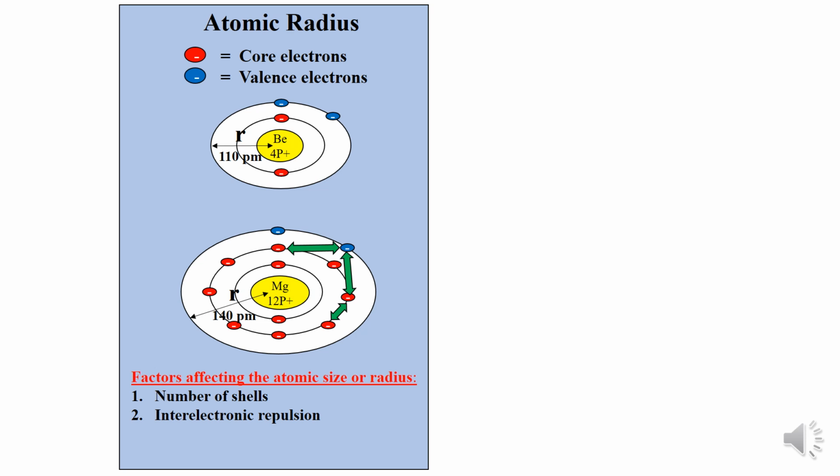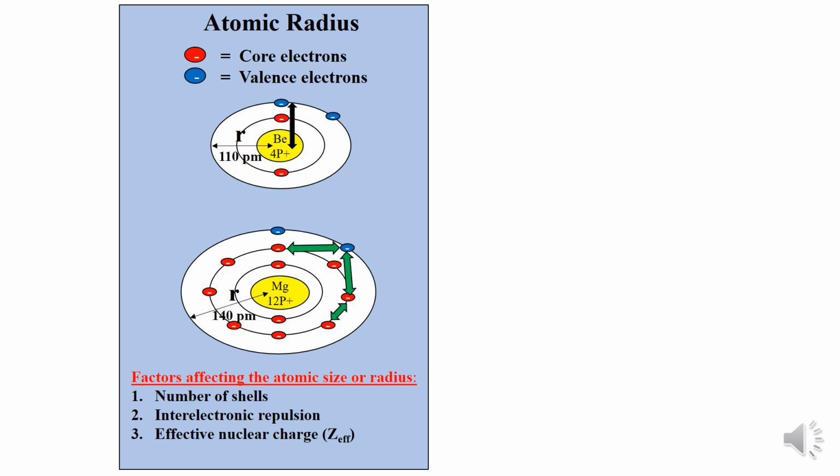And as a result of inter-electronic repulsion, the negatively charged electron cloud expands, it occupies more space, and as a result, the atomic size increases.